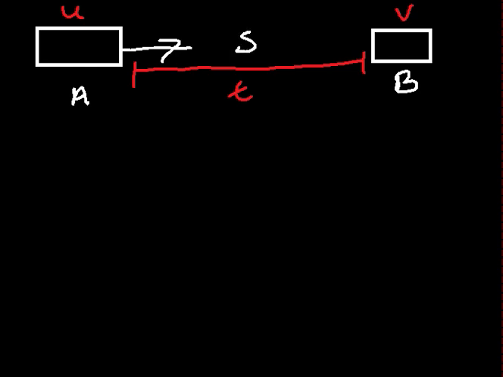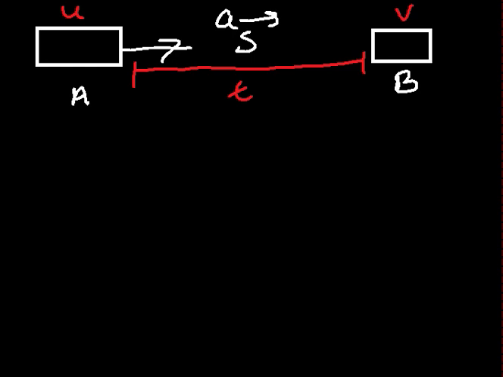h. That's the displacement. Since there is a change in velocity from the initial velocity to the final velocity, the object has accelerated from A to B, and the acceleration is in the same direction.